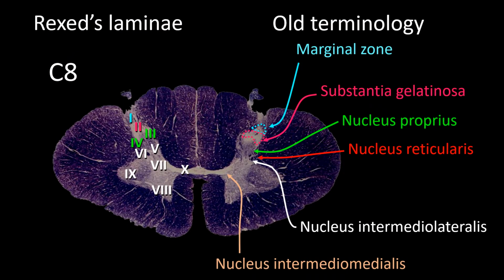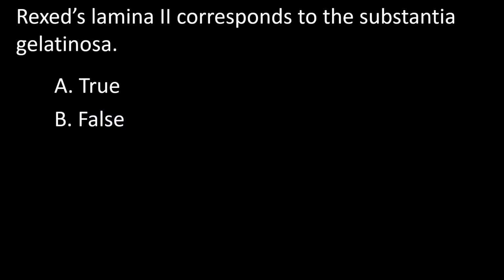As you can see, substance P is present in the marginal zone and in the substantia gelatinosa. Rexed lamina 3 and 4 correspond to the nucleus proprius, the site of origin of many fibers entering the spinothalamic tract. So the answer to this question is A.